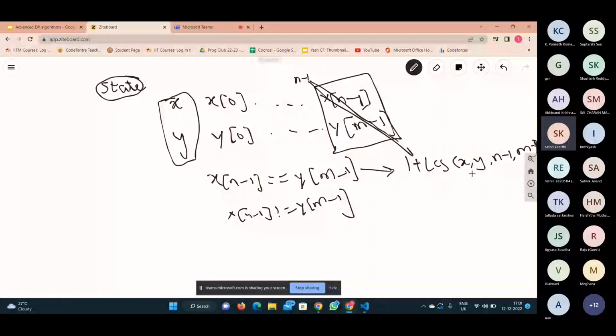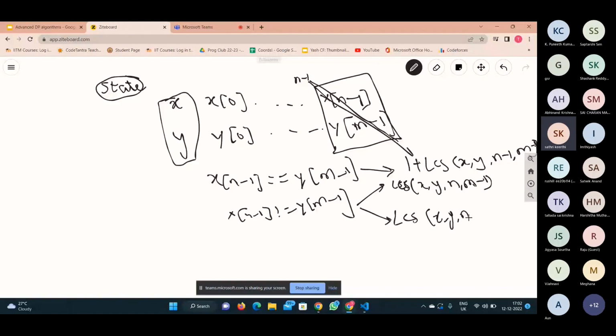And if they are not equal, we have two cases possible. So LCS of x comma y can either be LCS of x, y, n comma m minus 1, or LCS of x, y, n minus 1 comma m.